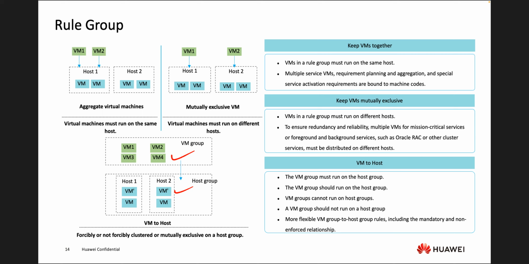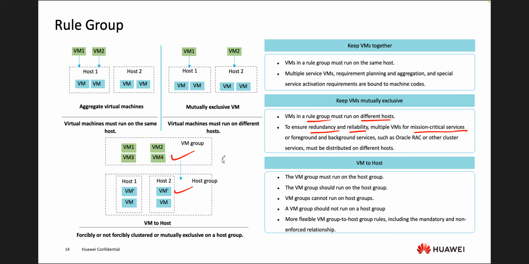In most cases, it depends on the resources needed for that particular VM group, and you could also do many other things depending on how you want to set it up. So again, what this allows you to do is have VMs that run on different hosts. That basically ensures redundancy and reliability for mission critical services.